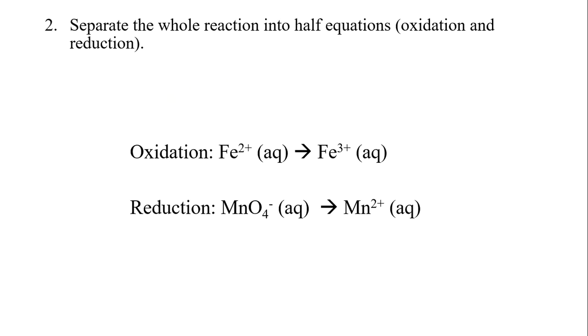All right, since we know what's oxidized and what's reduced, we can split this up into half equations, and they're written here. Iron 2 plus turns into iron 3 plus, and the permanganate ion is going to turn into manganese ions 2 plus. All right.